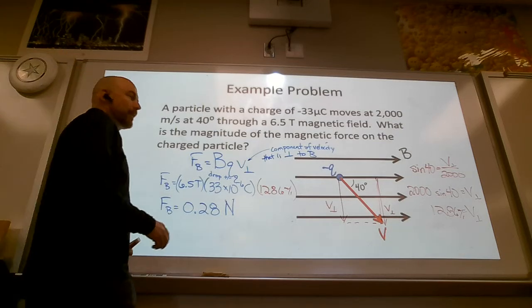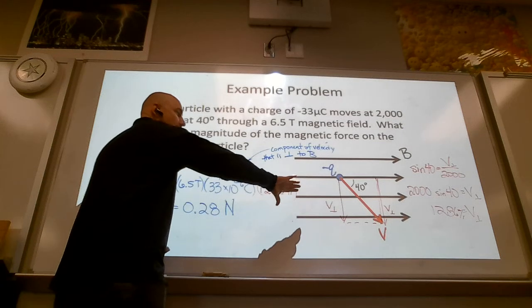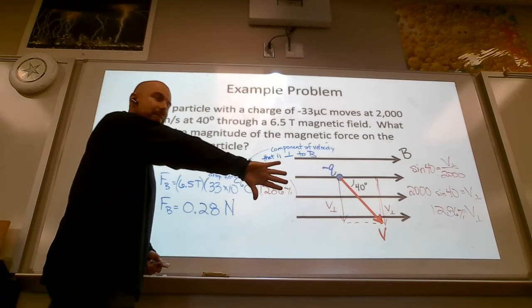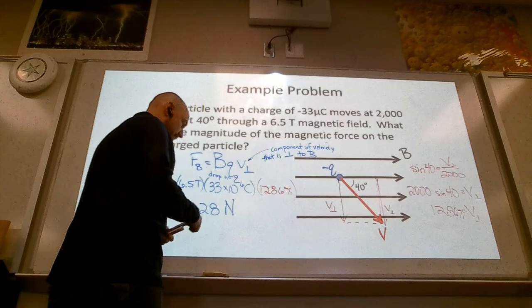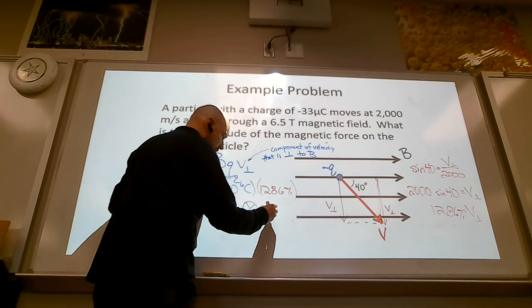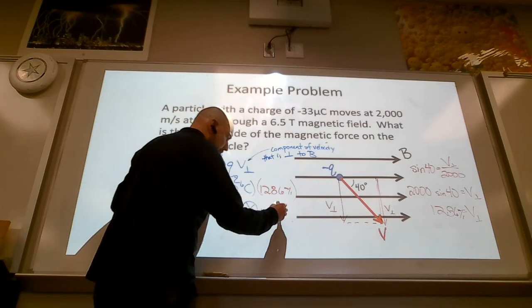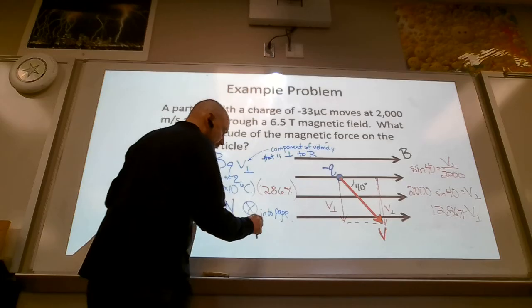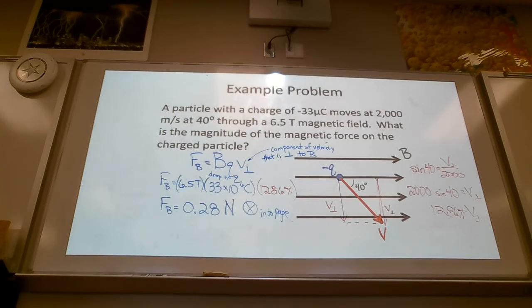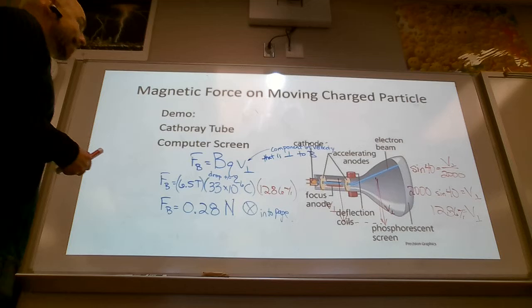So, fingers are going to the right, thumb goes down. It's negatively charged. It's going to be forced into the board. Good with that? Questions there? Okay.